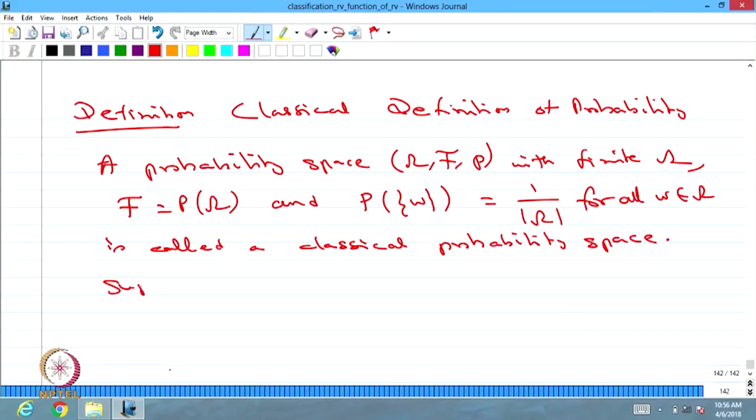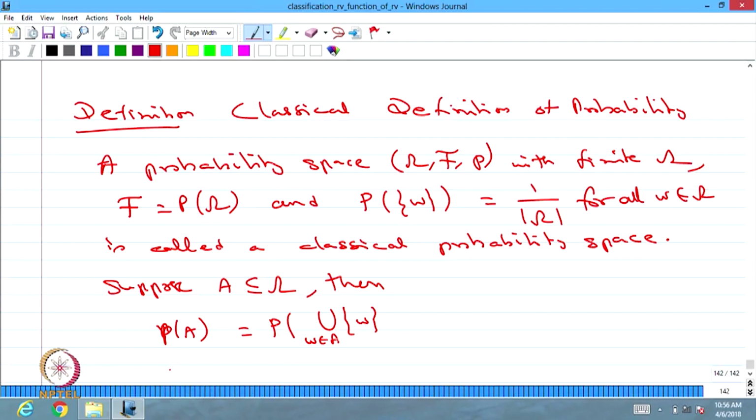Suppose A is contained in omega, where A is an event, then P of A is the P of the union of singleton samples w belonging to A, which is the summation over w belonging to A of 1 divided by cardinality of omega, the same as cardinality of A divided by cardinality of omega.